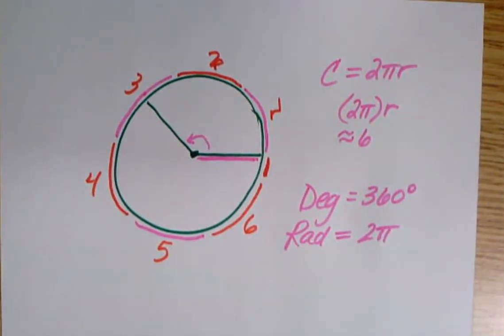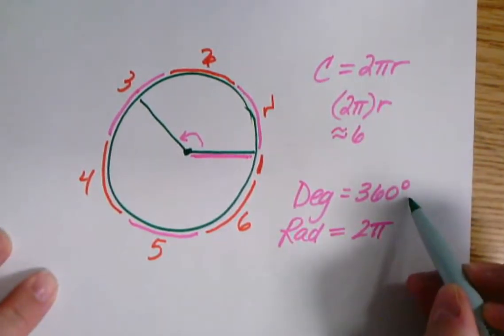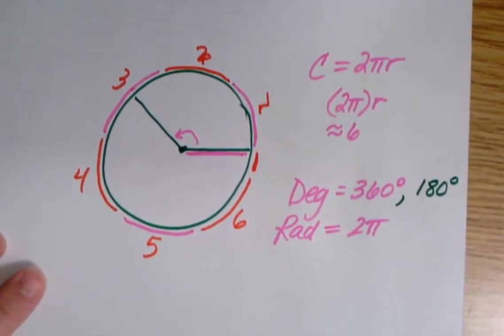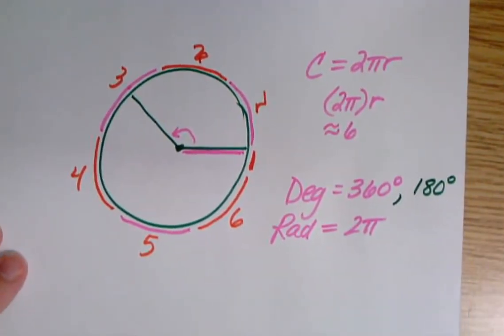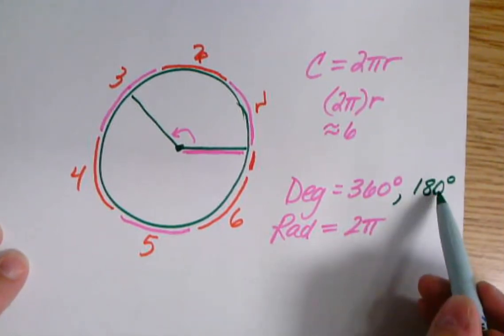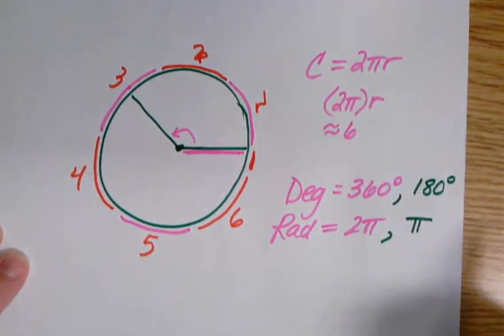So if a whole circle is 360 degrees, then what would a half circle be? It's 180 degrees. But if a whole circle is 2 pi radians, then a half circle, 180 degrees, would be 1 pi, half of that. Half of 2 of something is 1 of that thing.